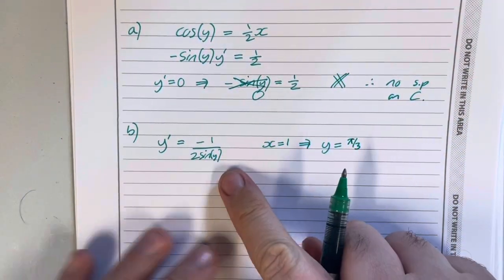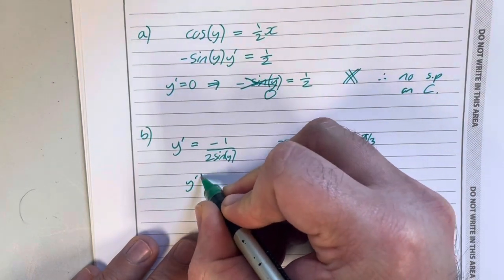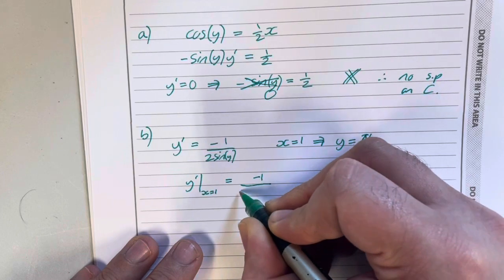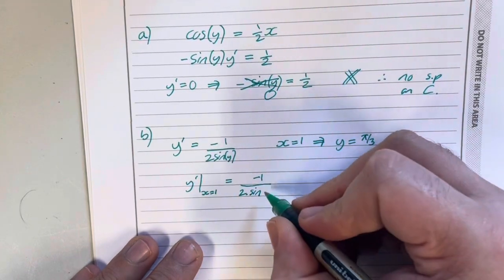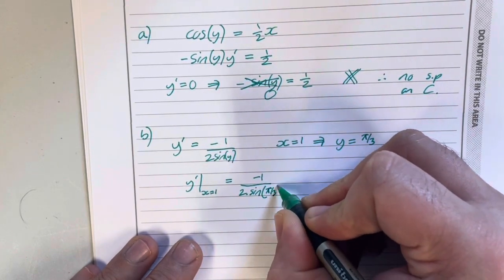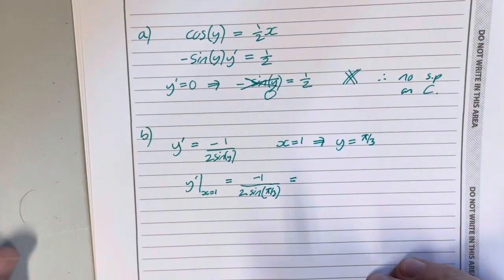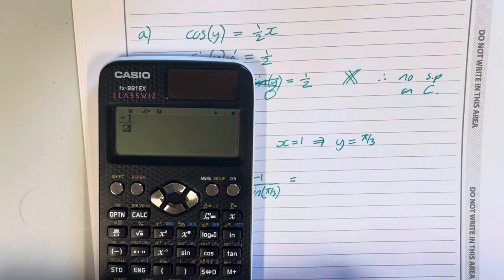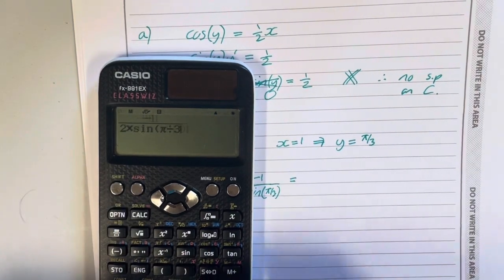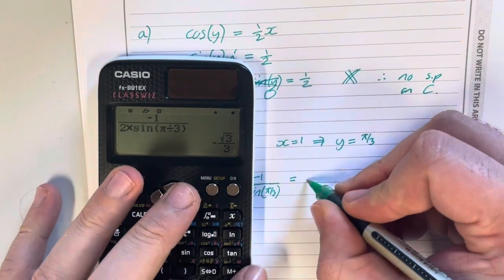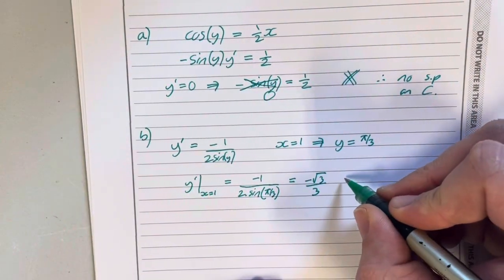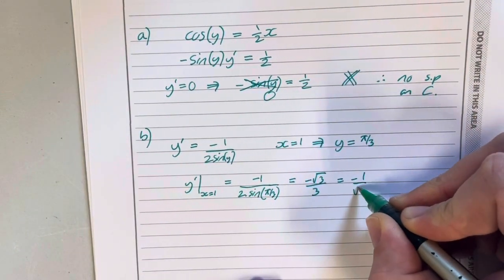So that gives me the gradient. So y prime when x is 1 is equal to minus 1 divided by 2 times the sine of pi on 3. Minus 1 divided by 2 times the sine of pi thirds is minus root 3 on 3, or if you like, minus 1 on root 3.